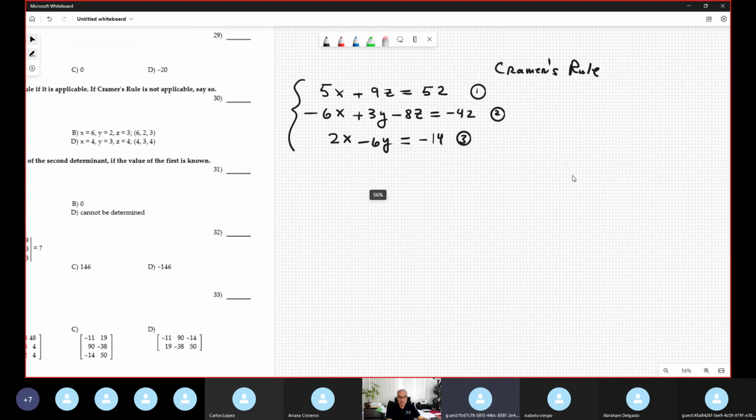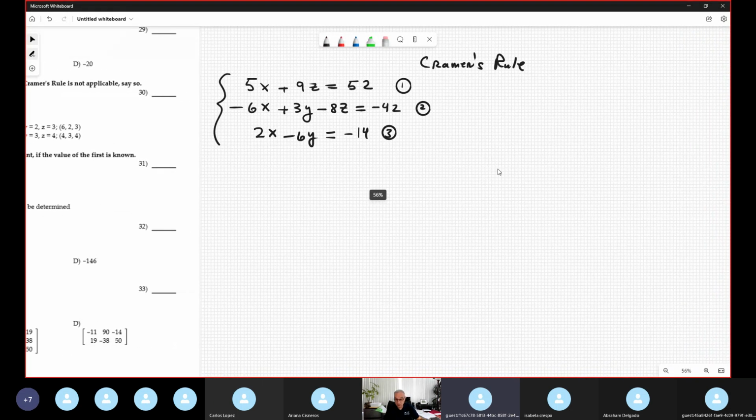So remember, Cramer's rule is easy. Or the organization is relatively easy. You compute capital D, the determinant. The determinant is always formed by a square matrix. Okay, it's formed by the coefficients in front of the variables: 5, 0, 9, 0 because y is missing in the first equation.